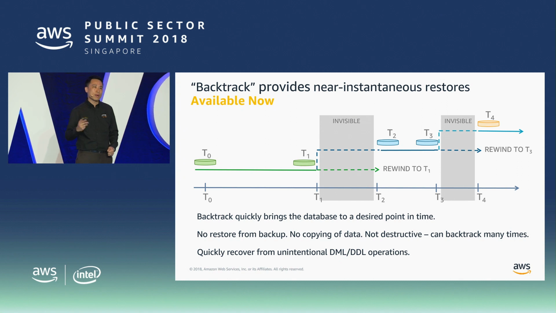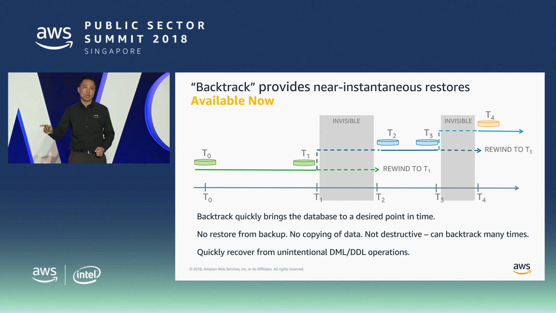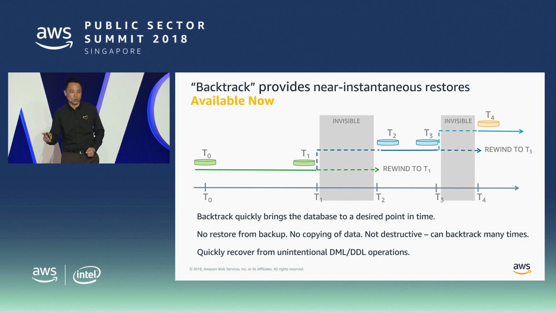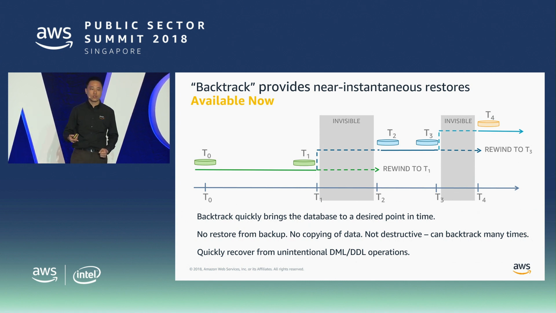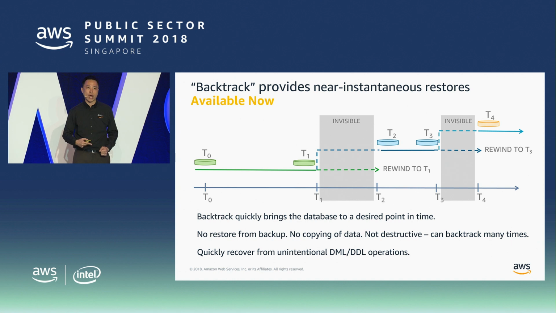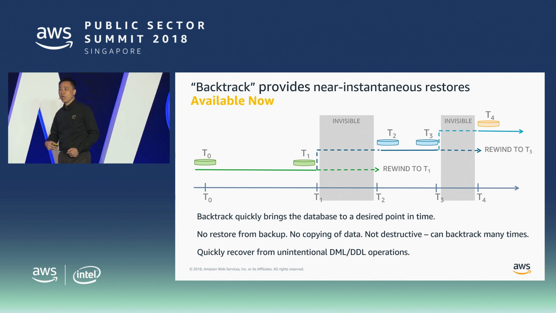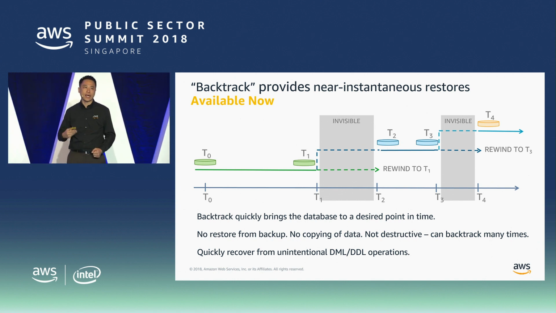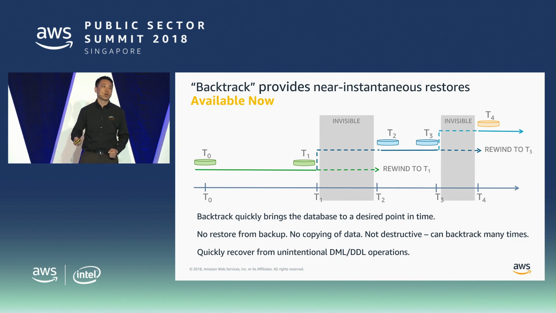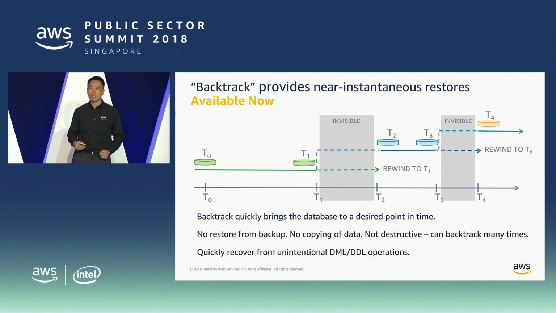Number two, remember the way I mentioned to you, the way we set up the storage system makes use of the redo log. So that's why we introduced a new feature called Backtrack. So what is Backtrack all about? If you are the DBA, what is the most hectic thing you encounter in your day-to-day job? An end user comes to you and says, oh, I accidentally dropped a table, or I ran a query that deleted something in the database.